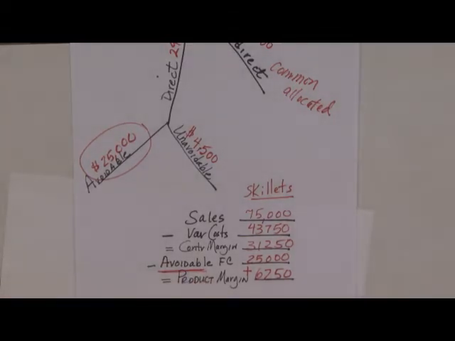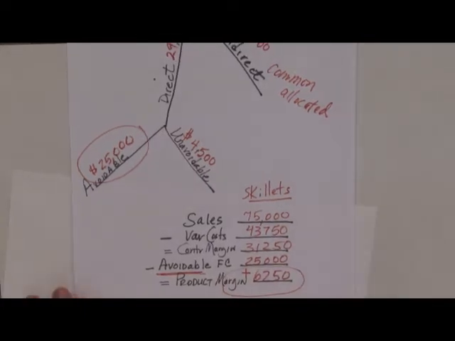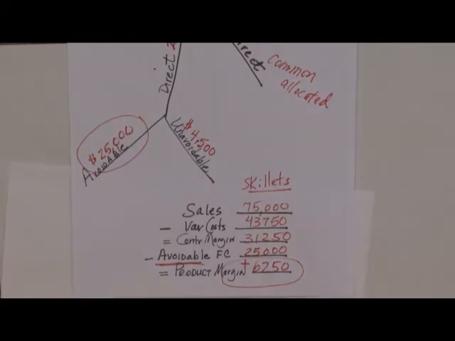When the product margin is positive, that means we, in a financial sense, will be better off to keep it open because this particular department is contributing $6,250 to the overall profitability of the company. Said a different way, if we were to close this department and everything else stayed the same, by closing it, we would actually cause the profit of the organization to drop by $6,250 because this is the contribution that this one department is making to overall profitability, and that would be lost.